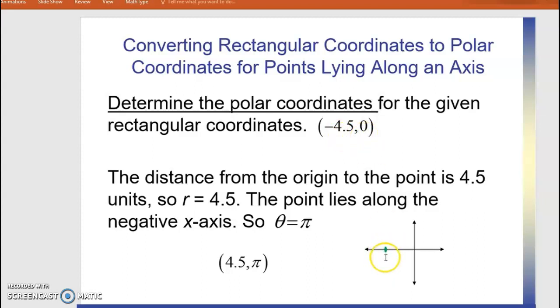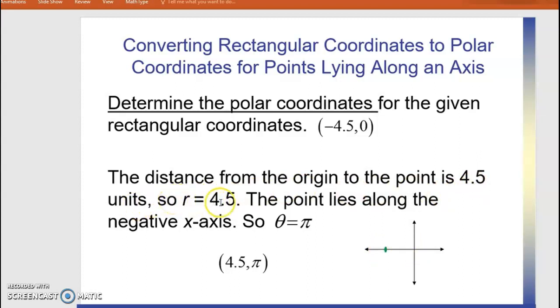So the point is plotted here in green at an x value of negative 4.5 on the x-axis. So the distance from the origin to the point is 4.5 units.